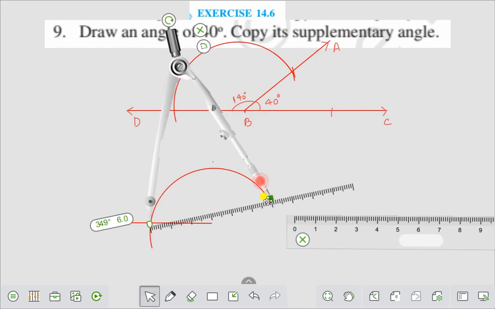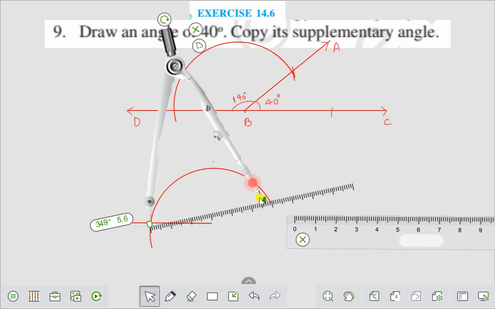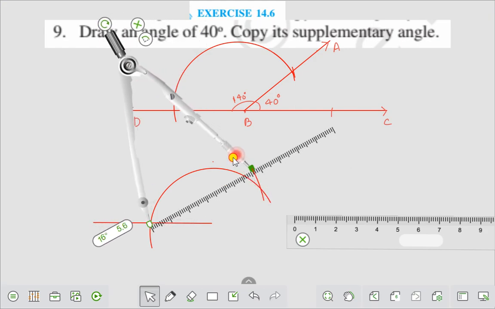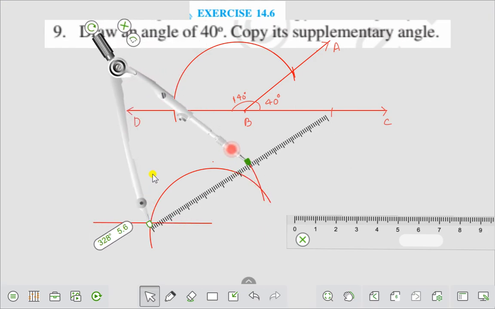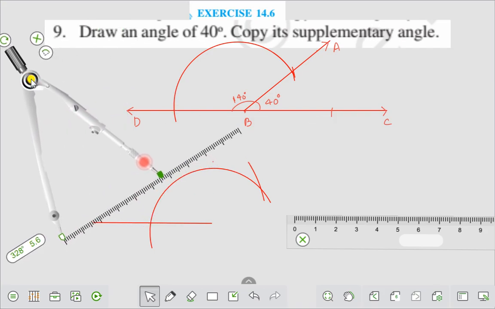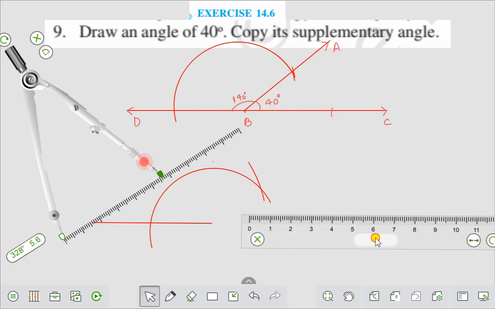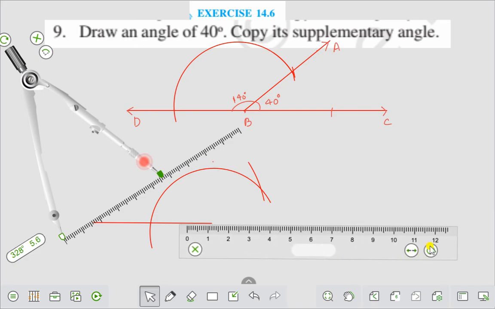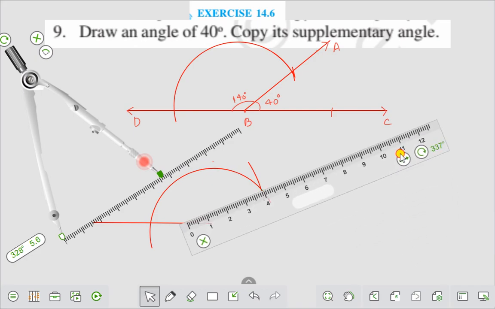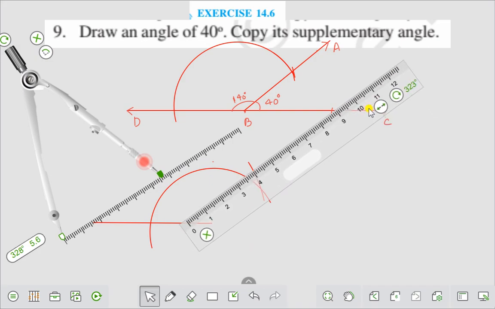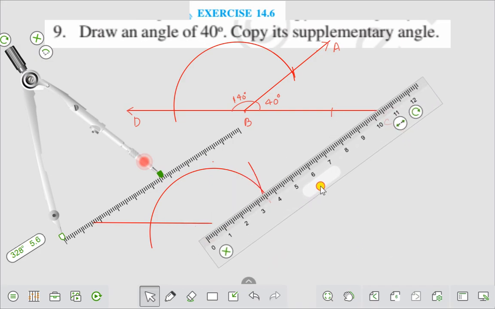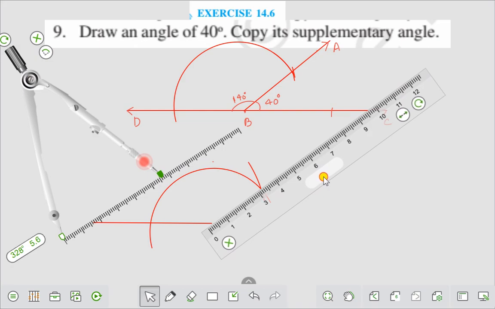Put this pointer here. It moves, right? And draw an arc here, right? Now remove this one and draw the angle here. You get exactly the same value as 140 degree here.